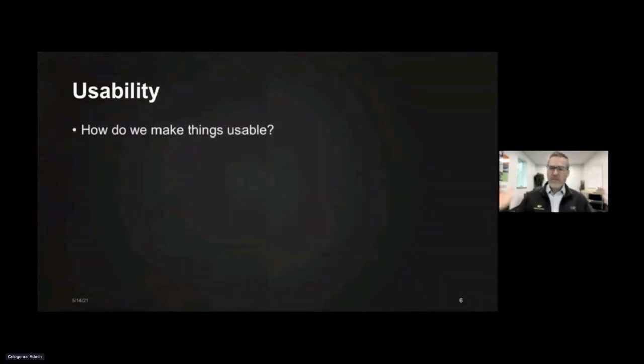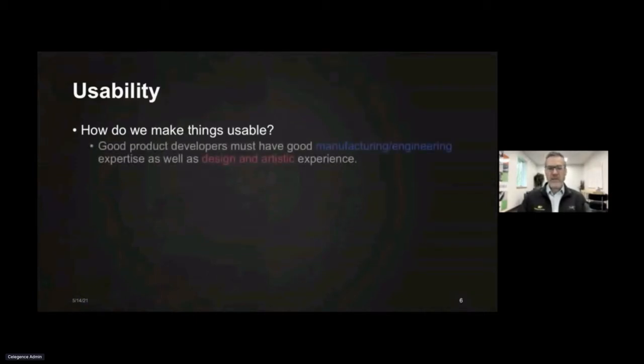So when we go down this path, we start to ask ourselves, well, how do we make things usable? What do we do to make things usable? The one thing that we have to realize is that good product developers that are going to succeed down this usability path must have a couple of things. You must have good manufacturing and engineering expertise, as well as design and artistic experience. That's that Leonardo da Vinci thing, but it spans into manufacturing and real world technologies, and user-centered design leading into usability thinking in essence.